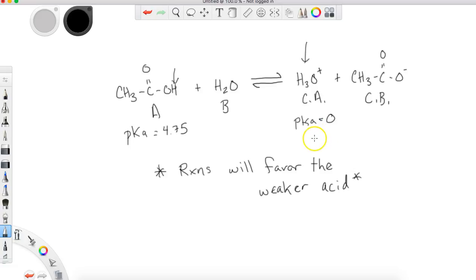We said that acids are going to be groups that are effective at rapidly giving off their protons. So if I'm saying that H3O+ is a stronger acid, and that this is a relatively weak acid in comparison to H3O+, that means H3O+ is able to send H+ back over to the conjugate base to reform acetic acid at a much more rapid rate than the acetic acid can push over to the H3O+.